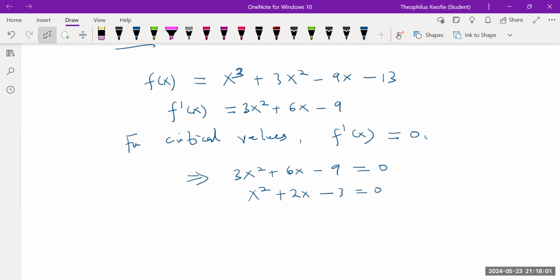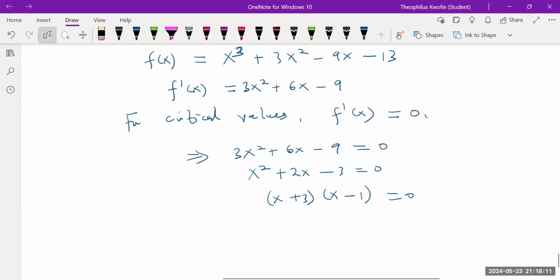Now you factorize this, and by factorizing, you should get x minus 1 times x plus 3 equals 0. And when you solve that, you should have x equal to 1 or negative 3.